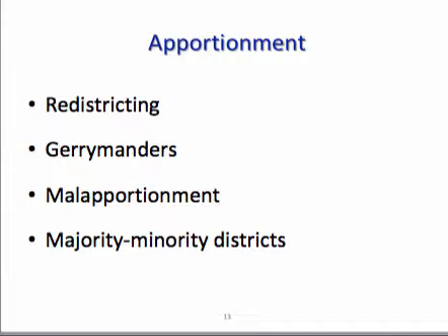Maryland is one of the cases cited as a situation where the Democrats have gerrymandered districts to benefit that party.